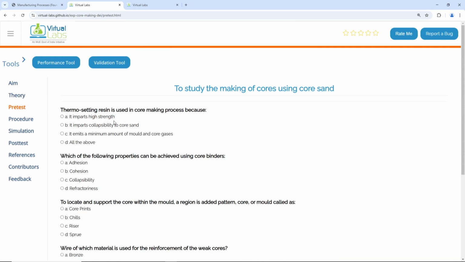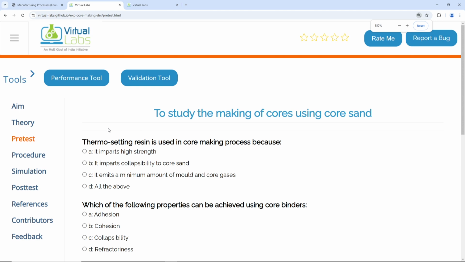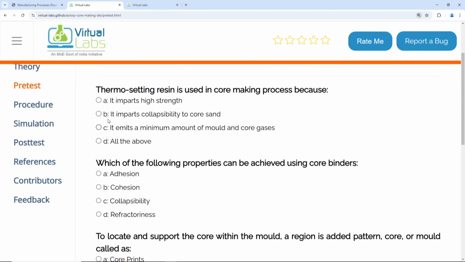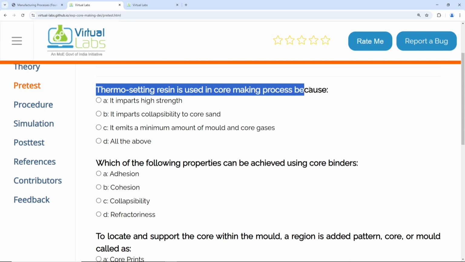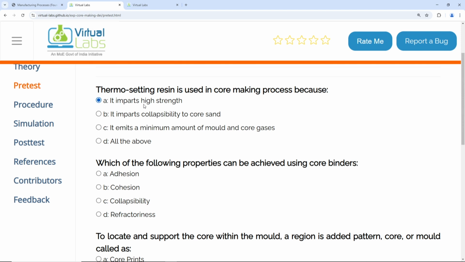Pre-test questions before getting into the design. Number one, thermosetting resin is used in the core making process because it imparts high strength, yes, it imparts collapsibility to cores, and yes, it emits a minimum amount of mold and core gases. That means all of the above are correct answers. Which of the following properties can be achieved using core binders?